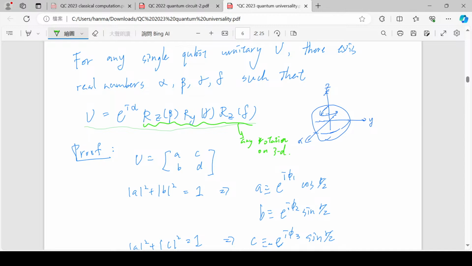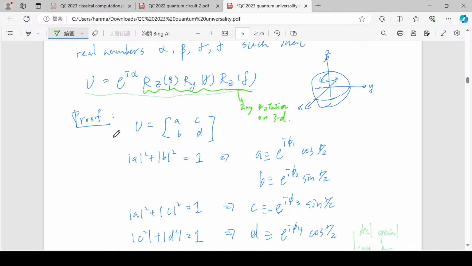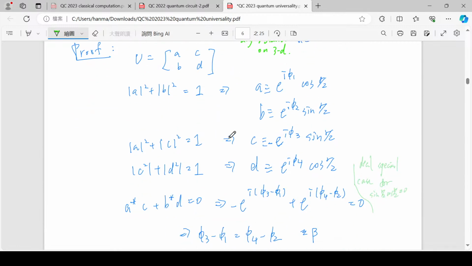Basically any 3D rotation can be decomposed into these 3 rotations about 2 orthogonal axes. Anyway, let's see a quantum proof. The quantum proof is quite brute force. Hopefully we can skip a few details here.